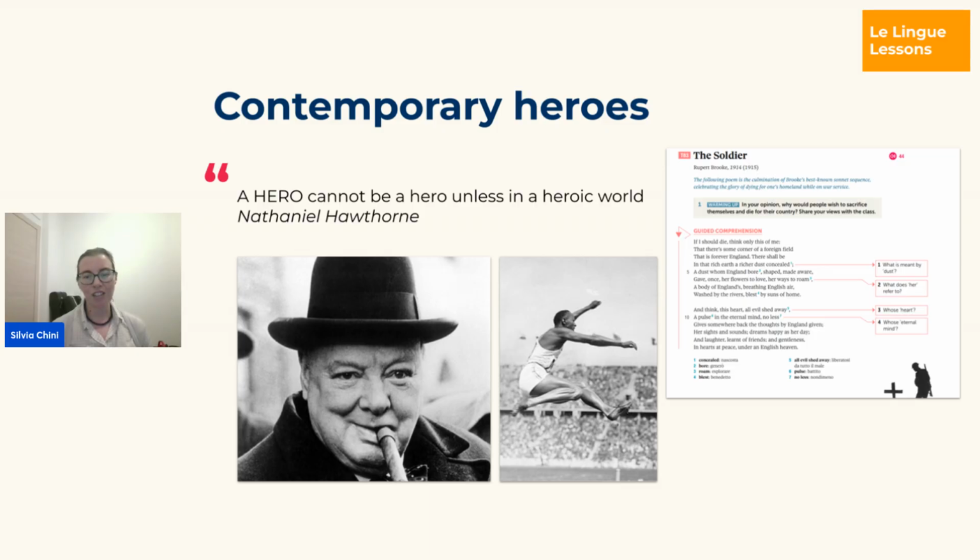Somebody who changes history, so it could be Churchill, but also the soldiers during the First World War and D-Day, as we said before, or a person regarded as a model, Nelson Mandela, but also Jesse Owens in the Olympics in 1936 in Berlin, but also Queen Elizabeth.